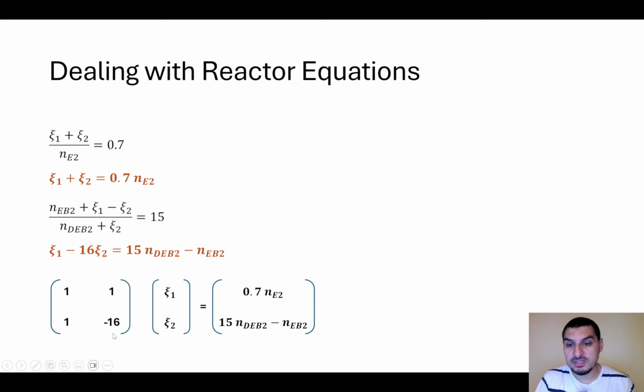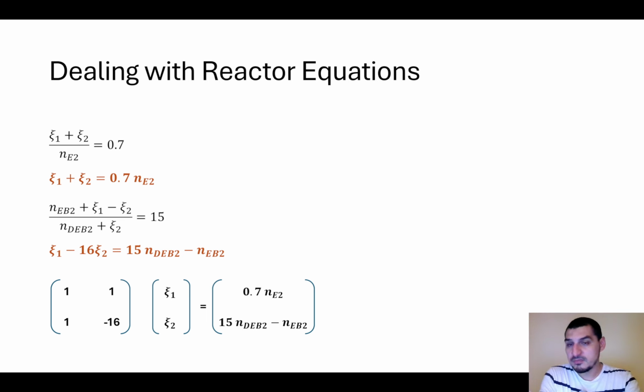So these are the coefficients 1, 1, 1, negative 16, and the 2 extents of reaction xi1 and xi2 equals 0.7 times E2, and this is the same as this. So this is one thing we can do, that we can feed this information to the software and do the same operations for matrix calculations that we did last time, and the result would be fed to the loop of the iterations, and this will make the problem solved.